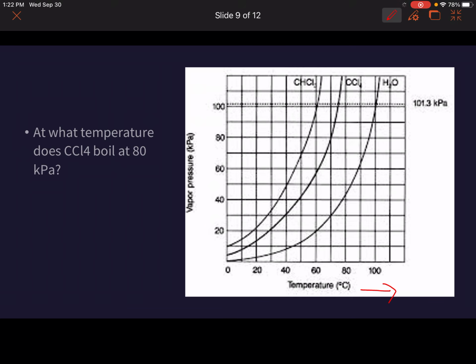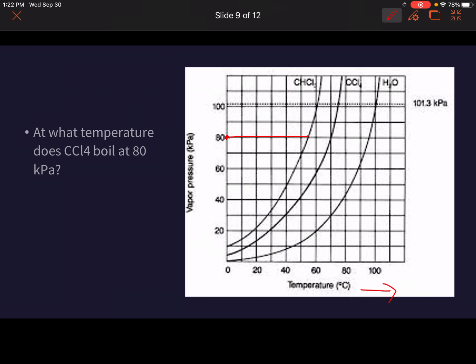So question number 1 here, at what temperature does the carbon tetrachloride, CCl4, boil at 80 kPa? So remember, vapor pressure and atmospheric pressure have to be equal in order for something to be boiling. So at 80 kPa, I'm going to go along here, you're going to go across until you hit CCl4.